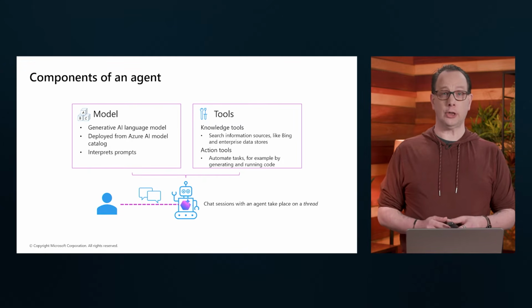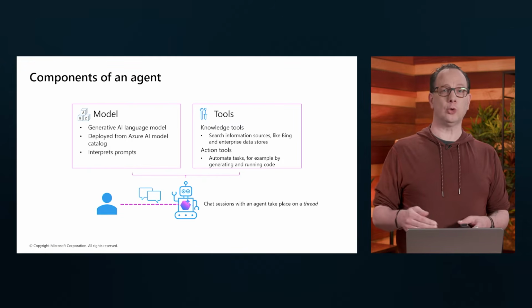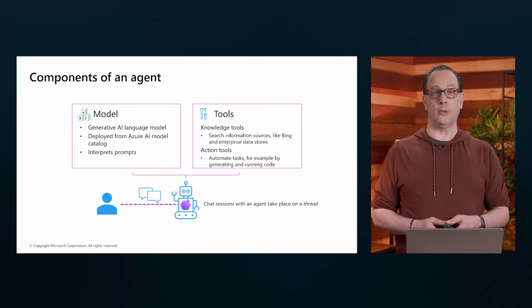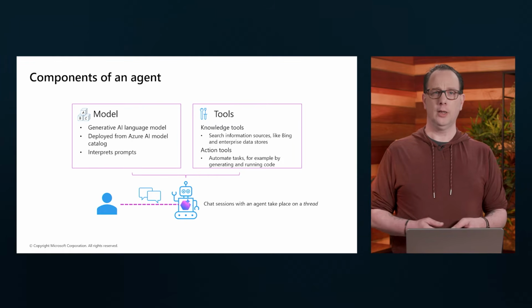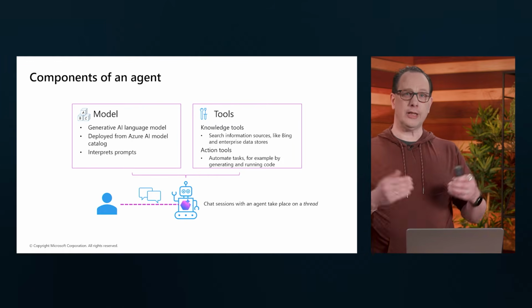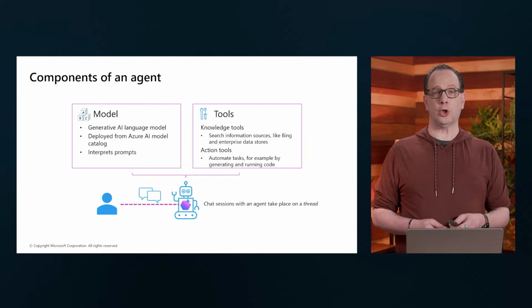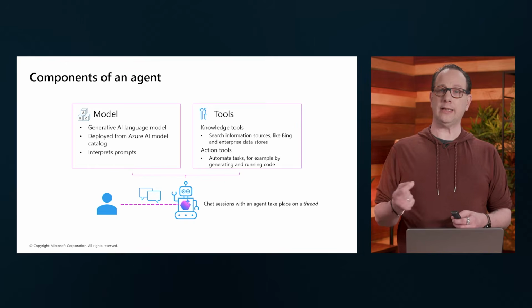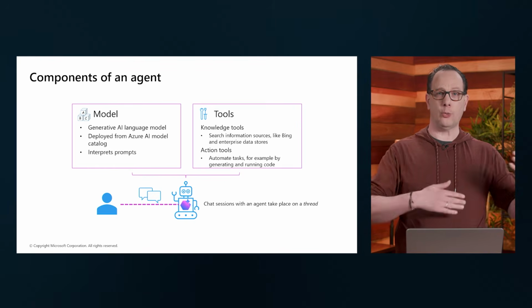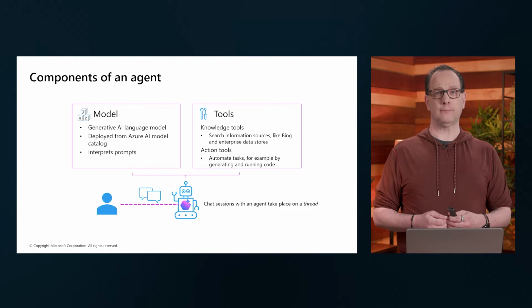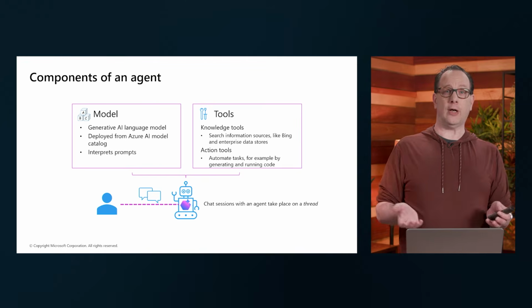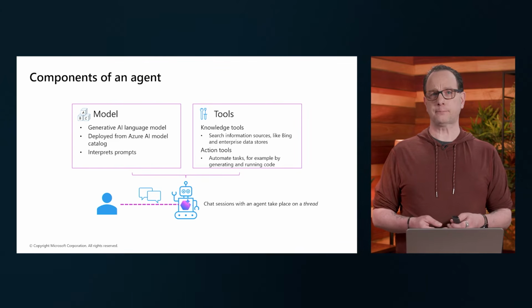You can also create custom tools using your own code, or why not integrate with Azure Functions. And then last, conversations between users and agents take place on what is called a thread, which retains a history of the messages already exchanged in that conversation, as well as retaining any data assets, like for example files that have been generated.